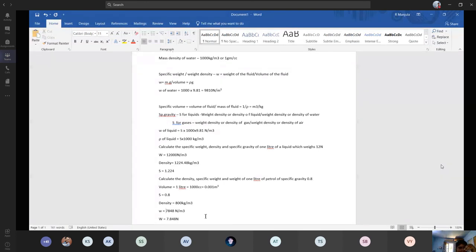It is correct. So weight density, if you are dividing by 1000, because your volume is 0.001. Okay, fine.